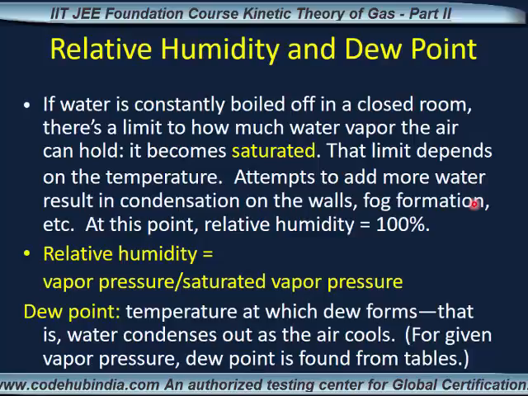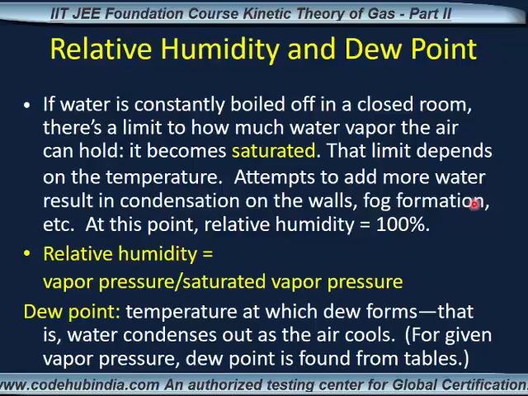Then what is relative humidity and dew point? If the water is constantly boiled off in a closed room, there is a limit to how much water vapor the air can hold. So the air becomes saturated, and it cannot take more water.